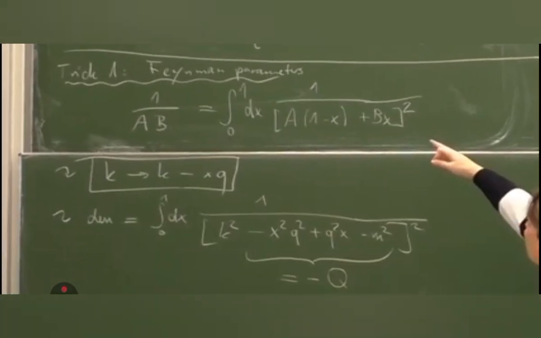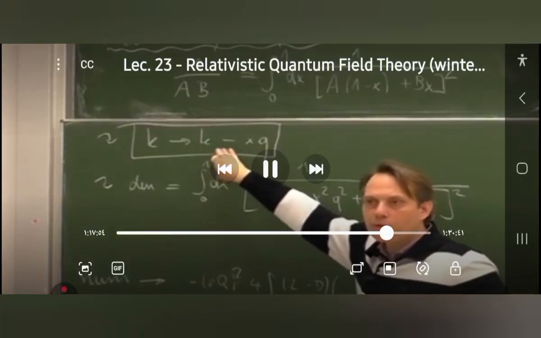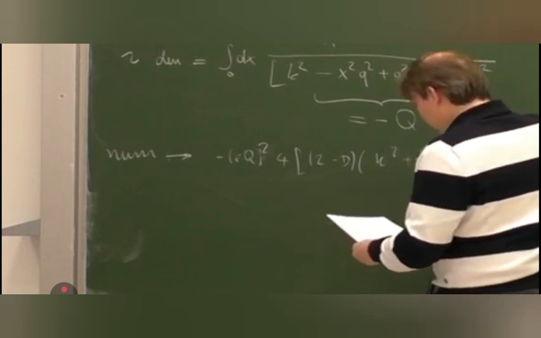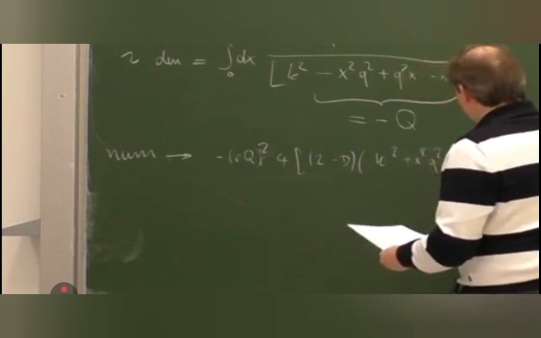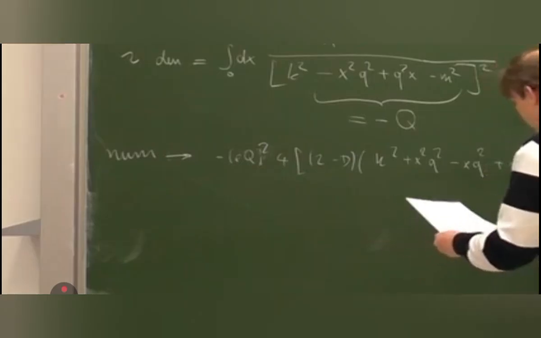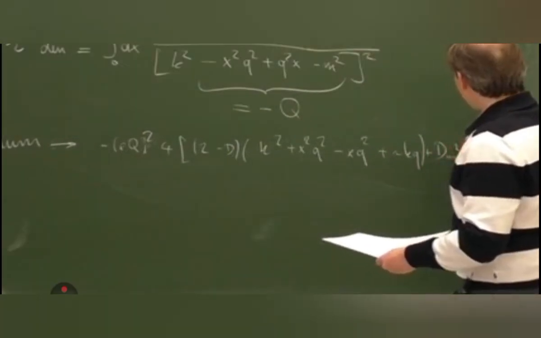K square plus q dot k. If we replace k by this combination, we get the following: k square plus x square q square minus x times q square plus terms proportional to q dot k plus e times m square.